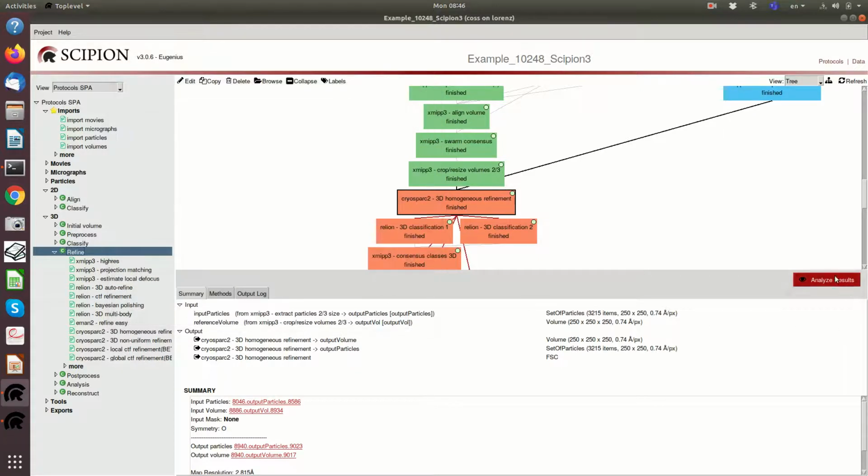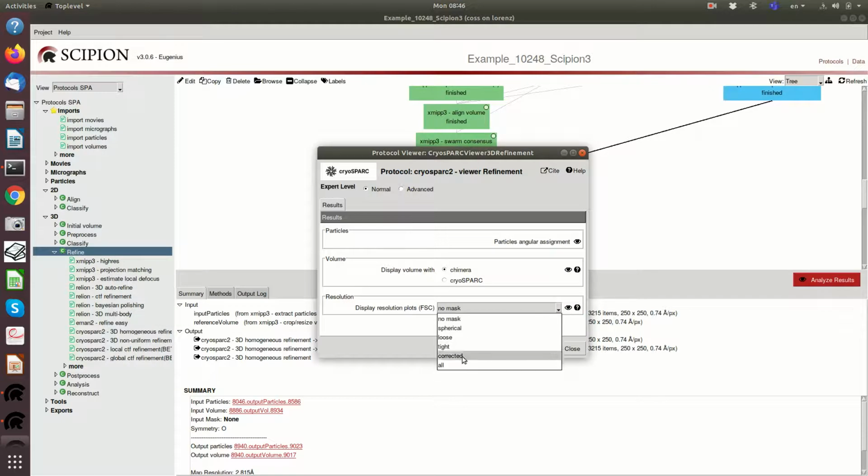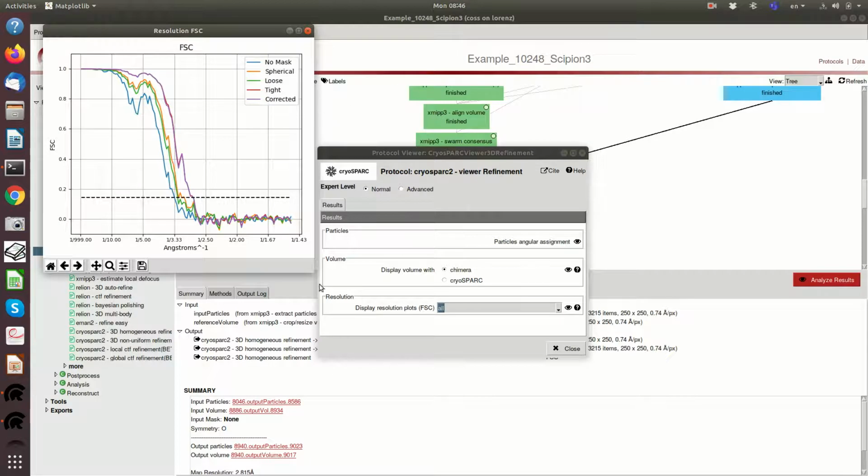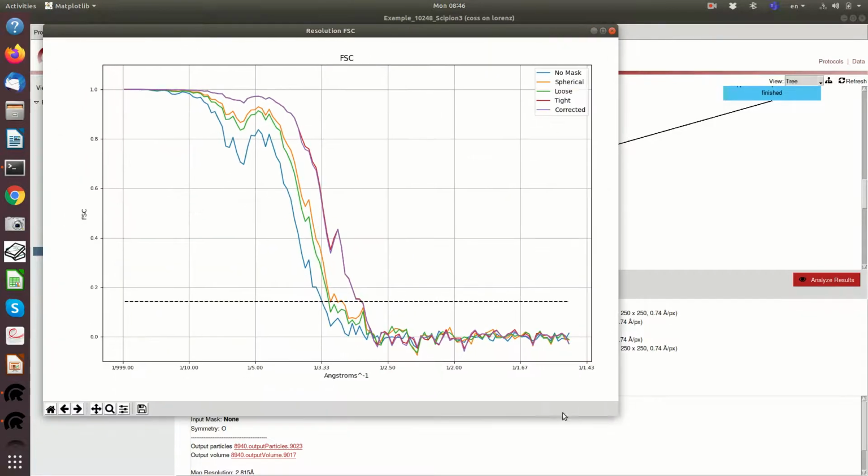Okay, so let's look at the results. We can look at all the FSCs. This is the first check to look at. What we have here is that without a mask it gives a resolution of 3.3 angstroms, the maximum resolution, but this is with different kinds of masking. The problem with masking is that it may artificially inflate the Fourier shell correlation.